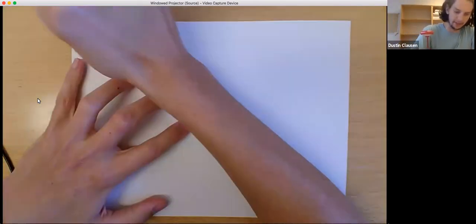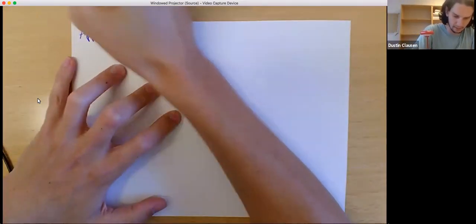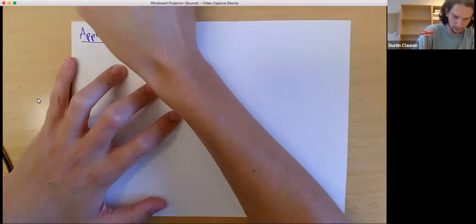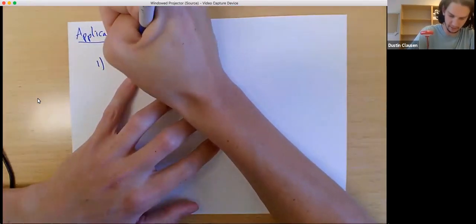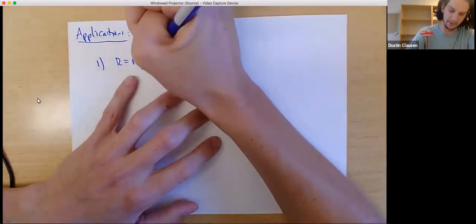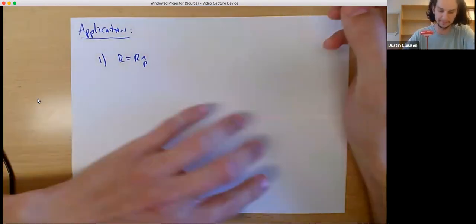So what are some applications? So one is that, so if R is p-adically complete, or even Henselian at P is enough, but let me not worry about that.